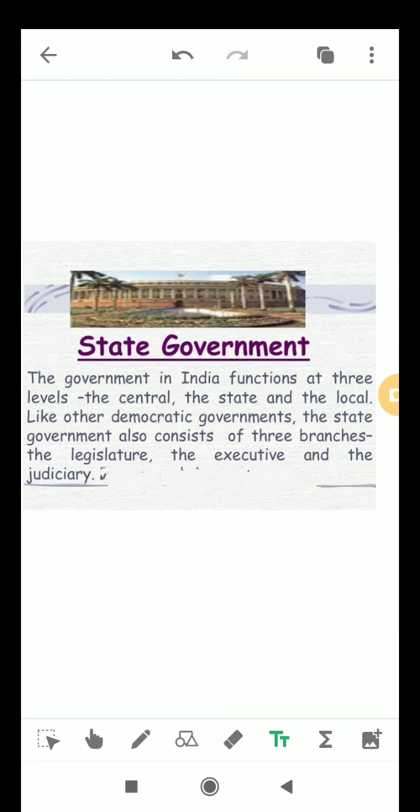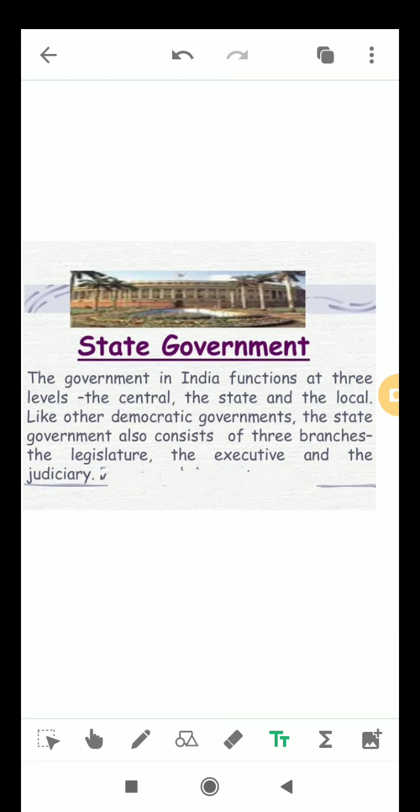So the government in India functions at basically 3 levels. What are they? Central level, state level and the local. Like other democratic governments, the state government also consists of 3 branches, that is legislature, executive and judiciary, or administrative. Our constitution has restricted areas for exercise of power of these governments, so they don't interfere with each other.